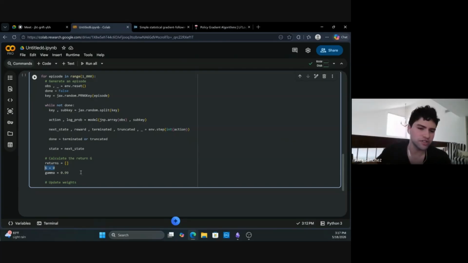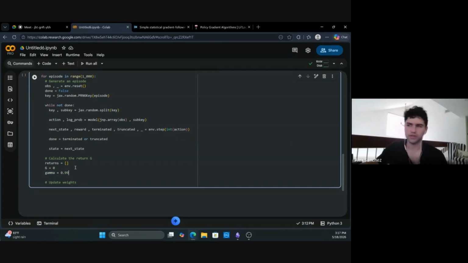And what the gamma does is it depreciates that value over time. For example, the action that you took right now that gave you the reward in the following step does not necessarily mean that, 50 time steps down the line, that action was the best one, if that makes sense. Gamma tries to take this into account.